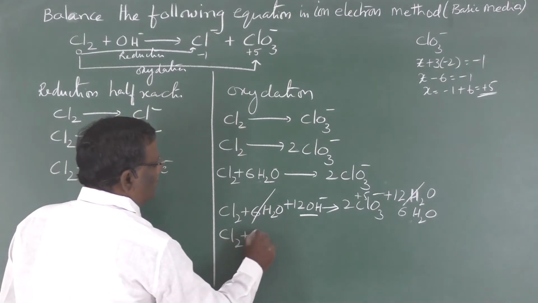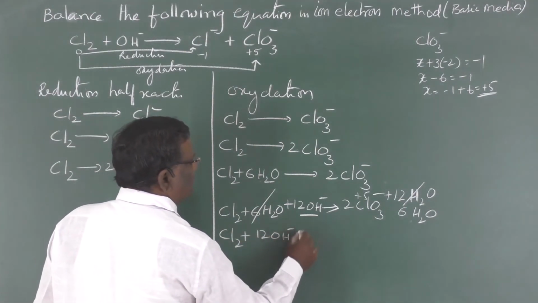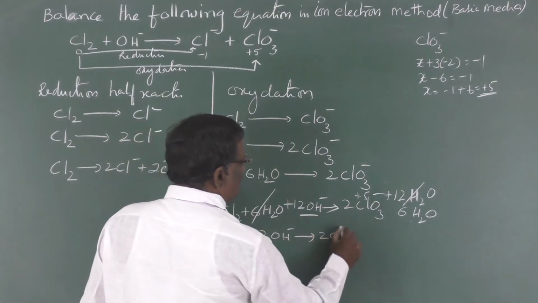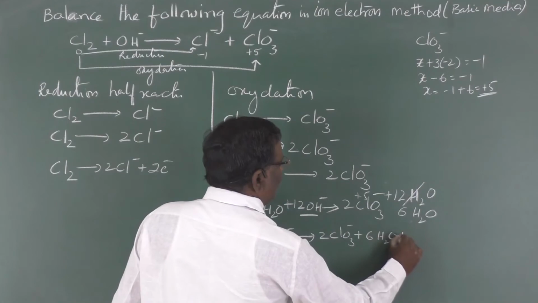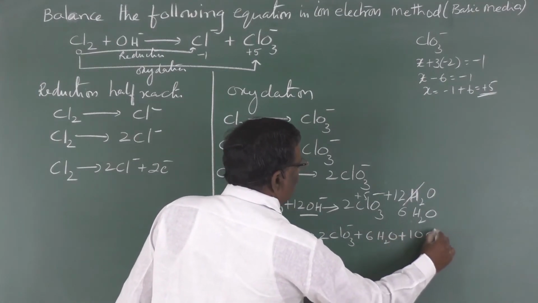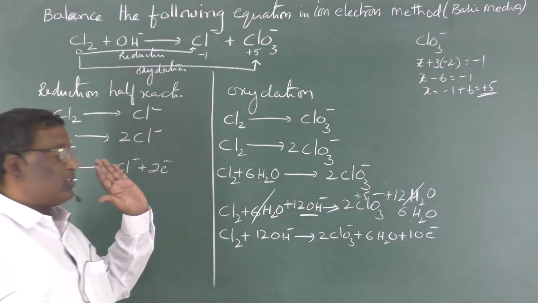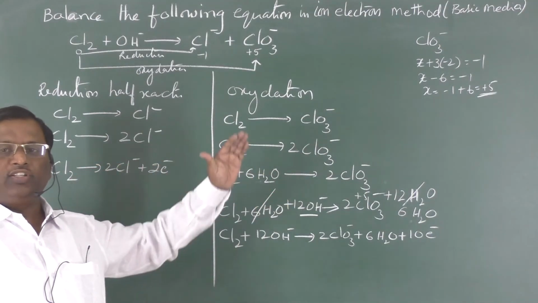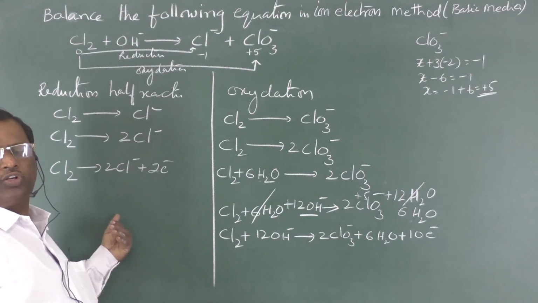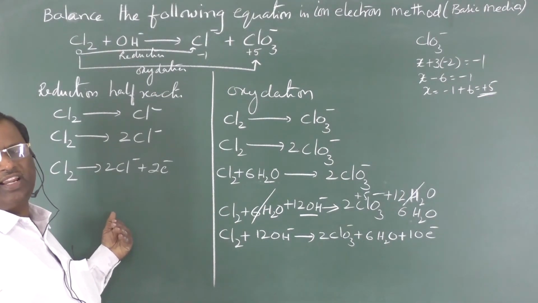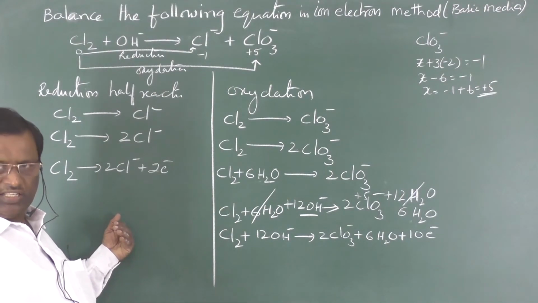So Cl2 plus 12 OH minus gives 2ClO3 minus plus 6 H2O plus 10 electrons. Because in oxidation electrons are released, so we should represent them in the product side. In reduction electrons are absorbed, so we should represent them in the reactant side in the respective half equations.